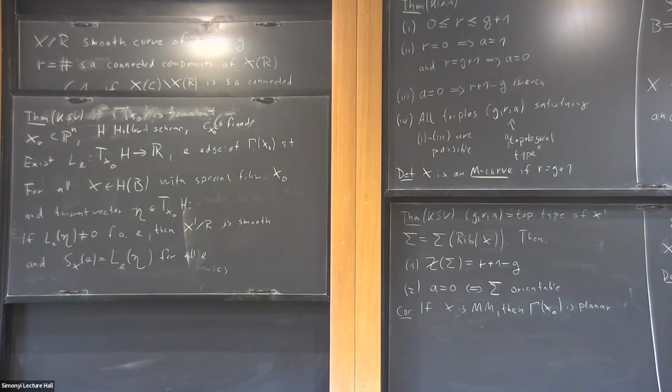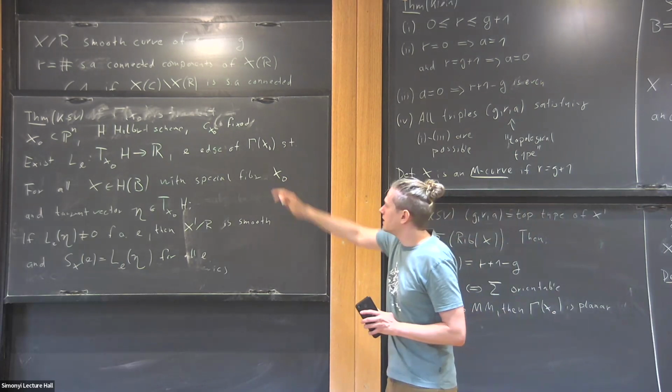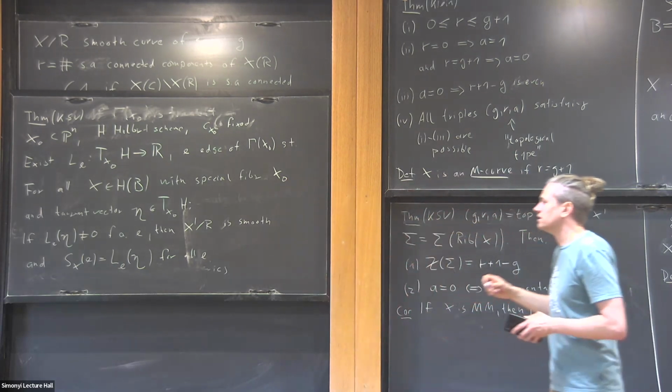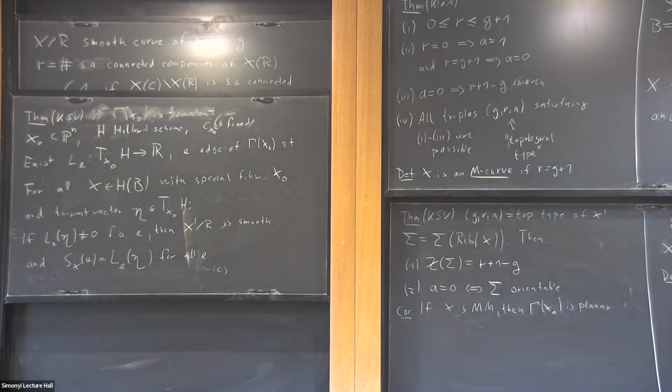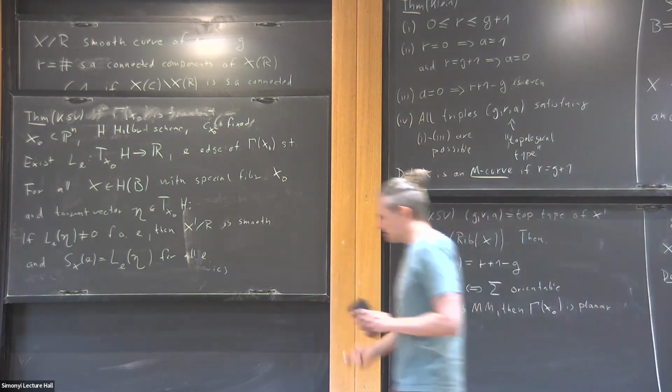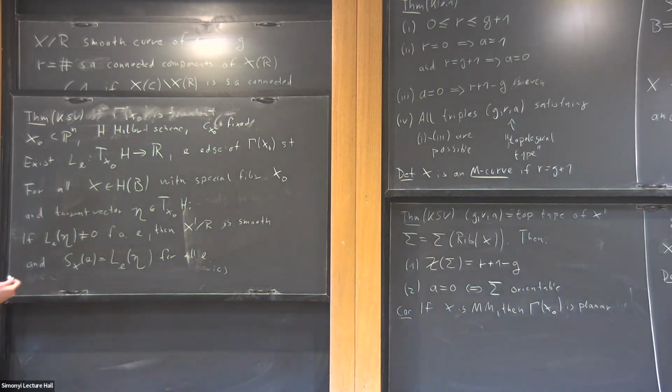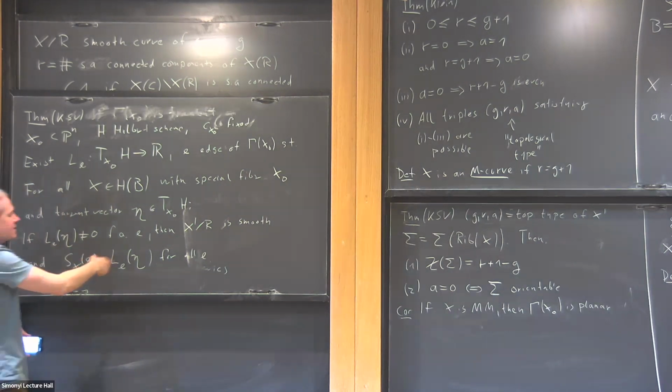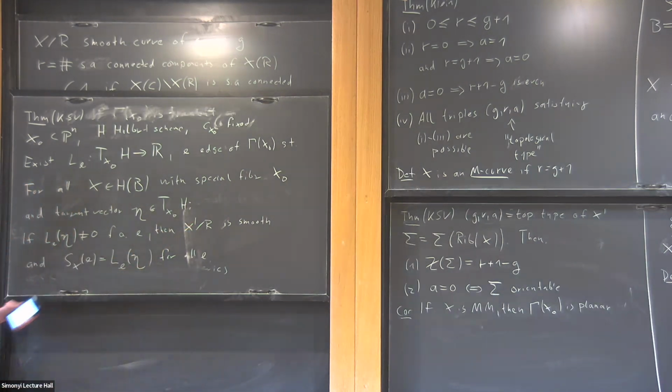So we have a hyperplane arrangement in the tangent space at our singular curve, and each connected component of the complement gives us a ribbon graph, so that whenever we approach this X naught from a direction in this connected component, this will be exactly the ribbon graph that we get from our geometric construction.